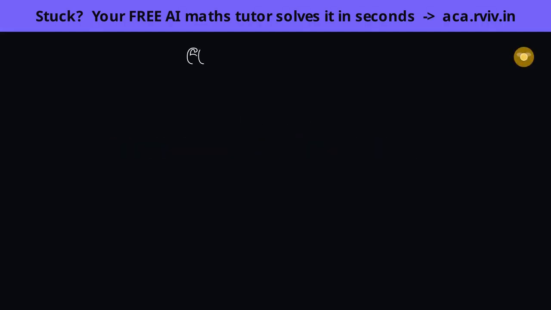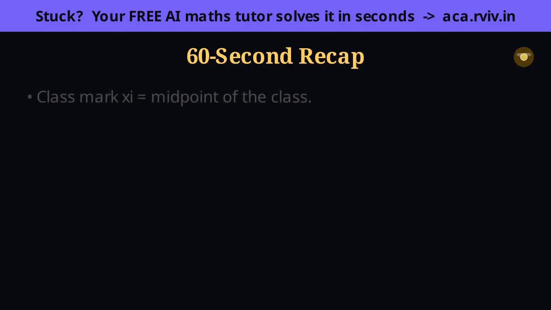In 60 seconds, the class mark is the midpoint because it represents the whole class in the mean. The mean comes 3 equivalent ways: direct, assumed mean, and step deviation, all the same balance point, just written from a shifted or scaled origin to make the arithmetic light.